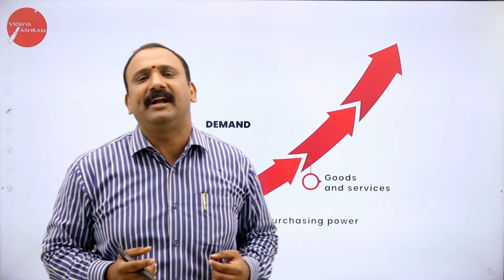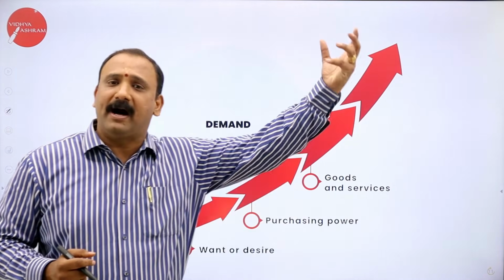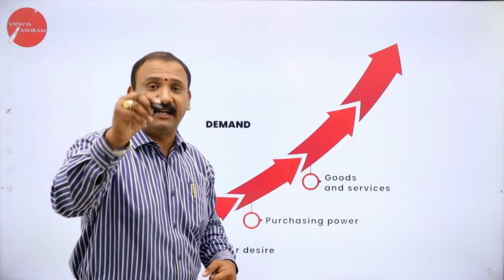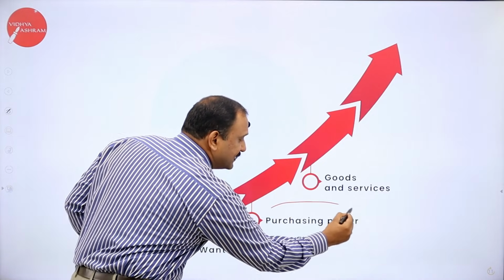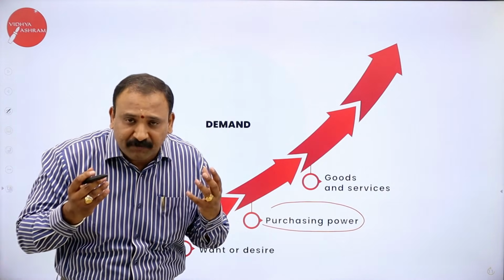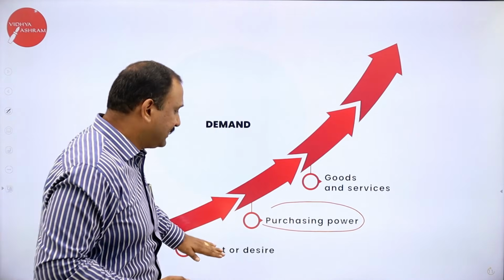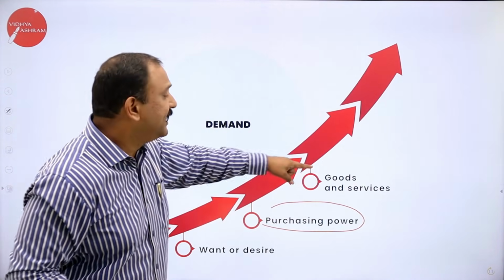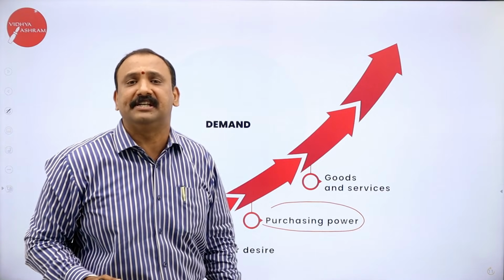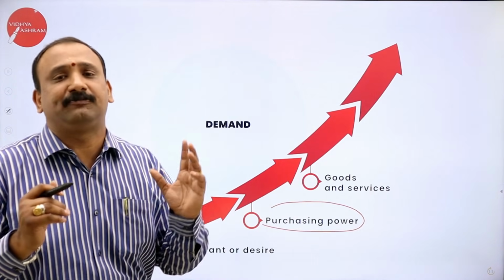So I have a demand in my mind, but can I satisfy the demand that the market is throwing at me? That is possible only if there is purchasing power. I have to have the necessary money, the buying power, to satisfy my want or desire for goods and services. If I don't get it, I will not be able to satisfy my demand.